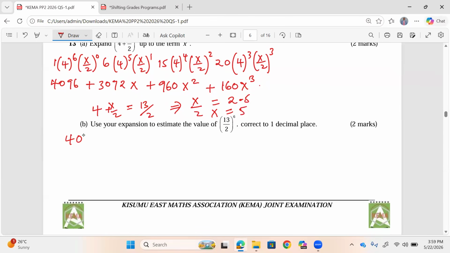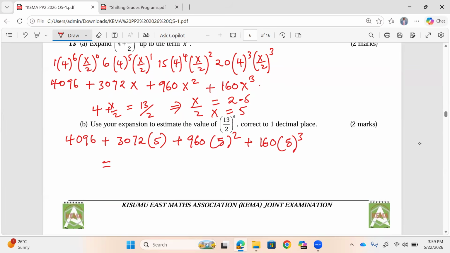So this is 4096 plus 3072 into 5 plus 960 into 5 squared plus 160 into 5 power 3. So we key into the calculator 4096.